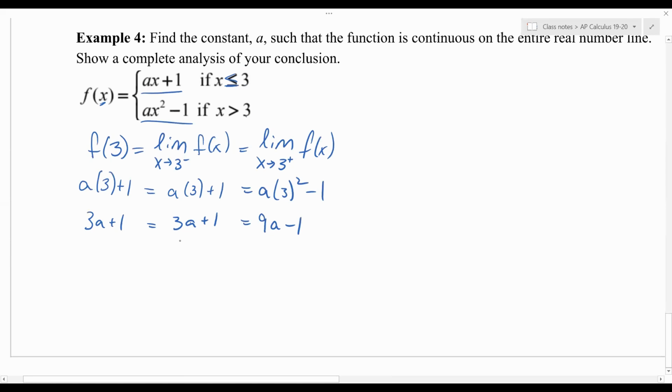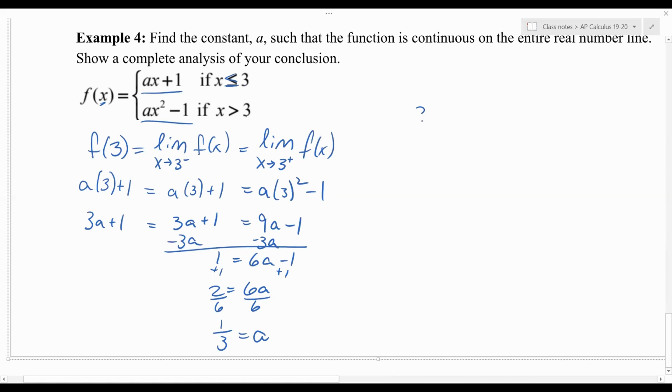So I'm going to subtract 3a on both sides. We get 1 equals 6a minus 1. Add 1. 2 equals 6a. Divide by 6. They both have 2, so that's 1 over 3 equals a. So now we can see if we plug in 1 over 3 here, 3 times 1 over 3 plus 1, is that going to be equal to 9 times 1 over 3 minus 1?